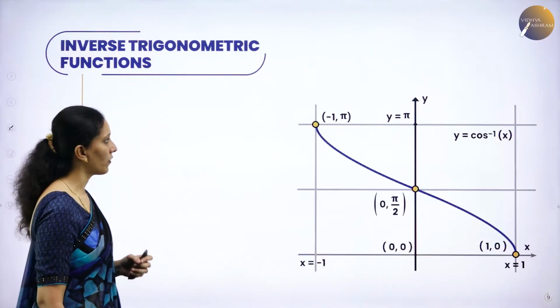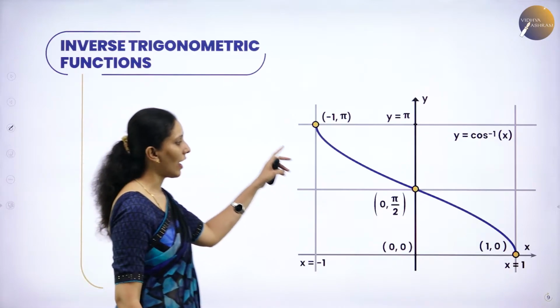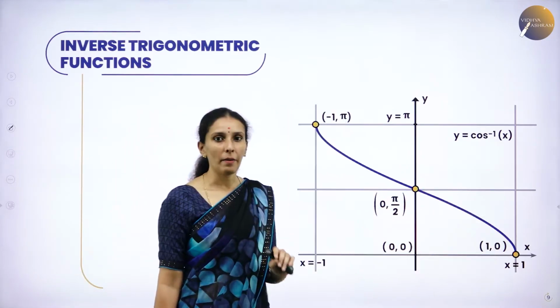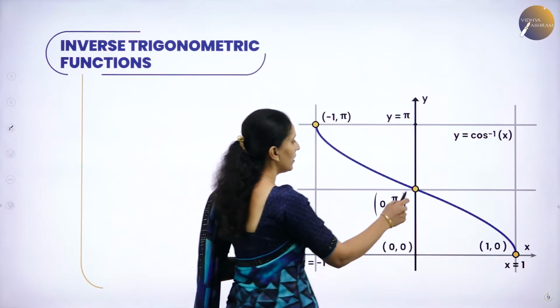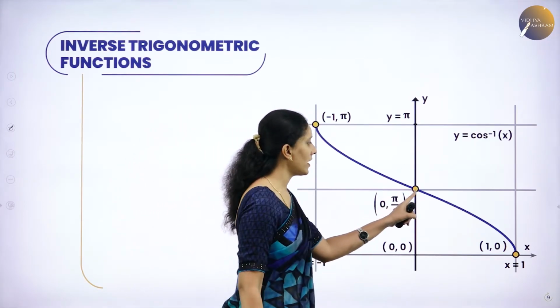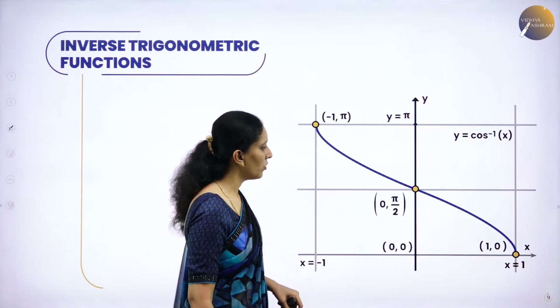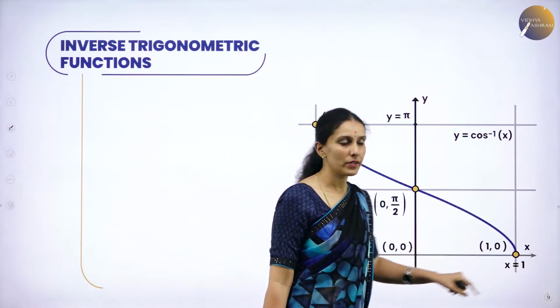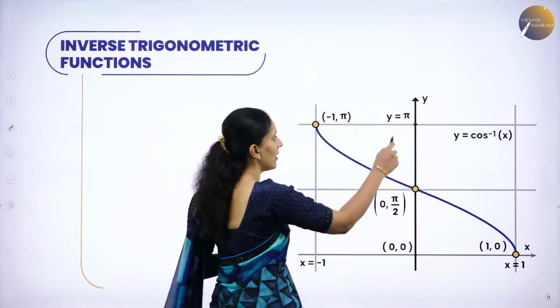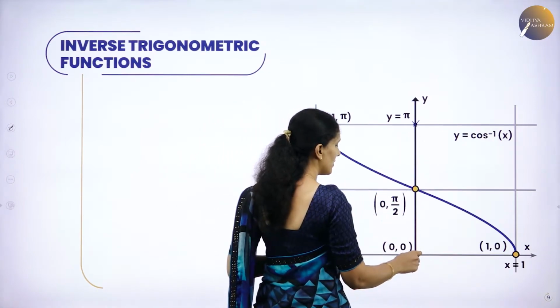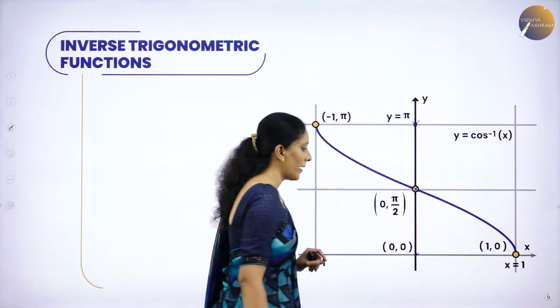Let's see the graph of the cosine function. So this is the graph of the cosine function from the interval 0 to pi here. So you can see here, for cos 0, the value is pi by 2. For cos 1, the value is 0. And for cos of minus 1, the value is pi. So this is pi and this is the value pi by 2 and 0.